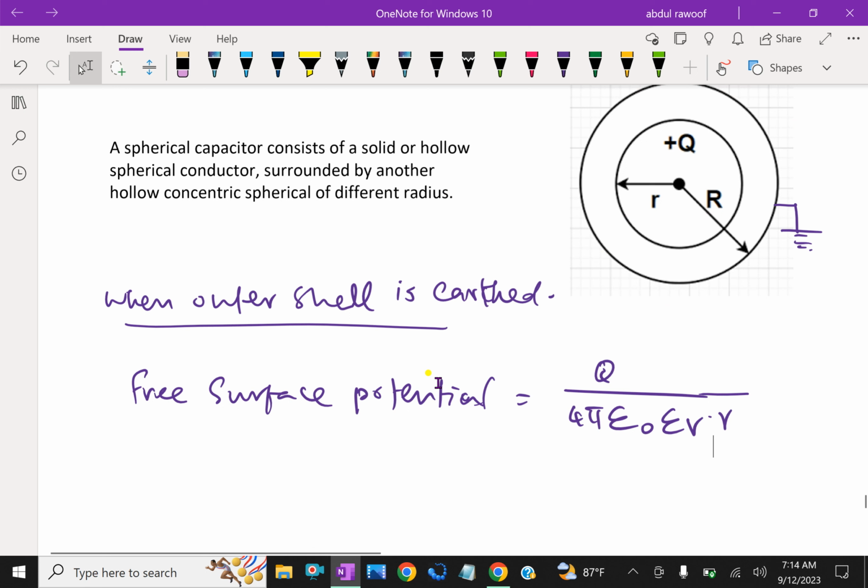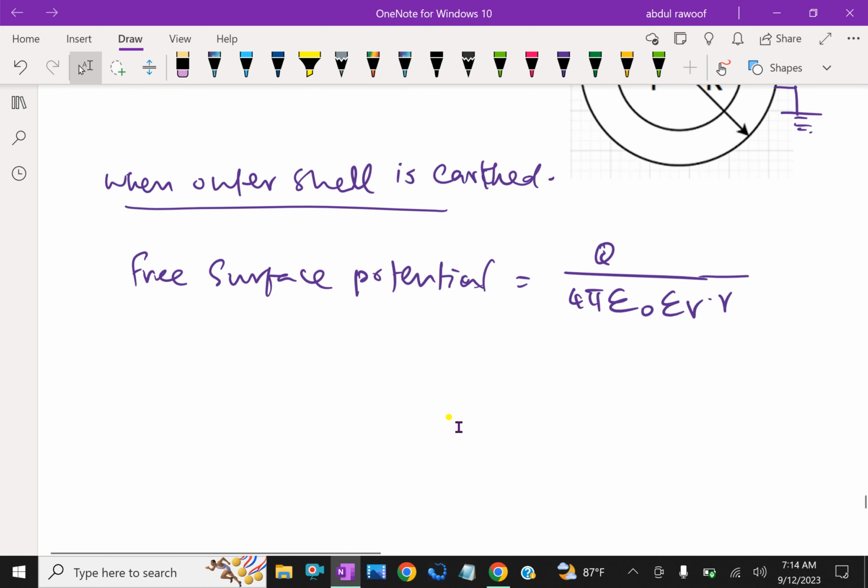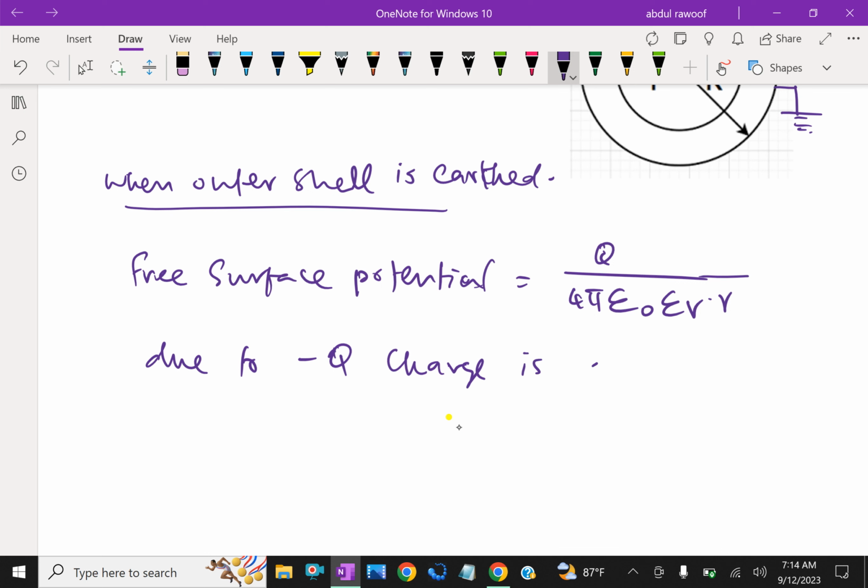The potential of the inner sphere due to the negative Q charge is minus Q over 4 pi epsilon 0 epsilon R into capital R.